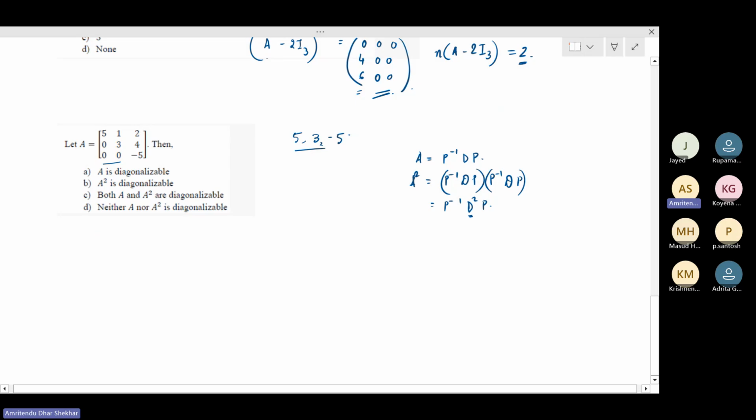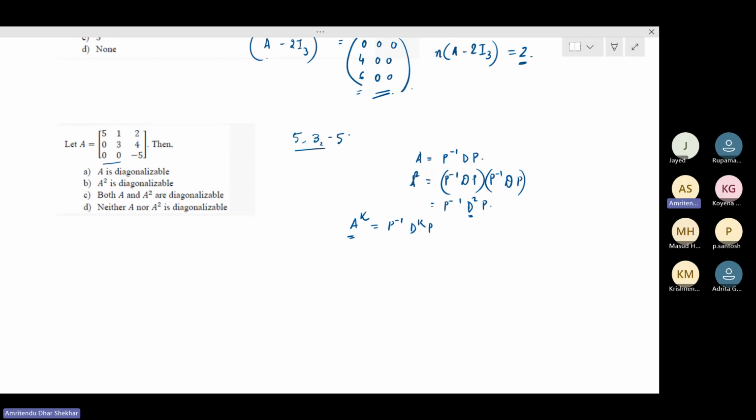And so both A and A squared are going to be diagonalizable. In fact, you can quickly check that A to the power K is equal to P inverse D to the power K P. So all powers of A are going to be diagonalizable.